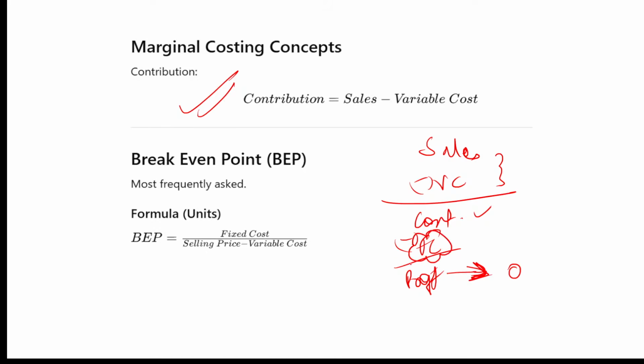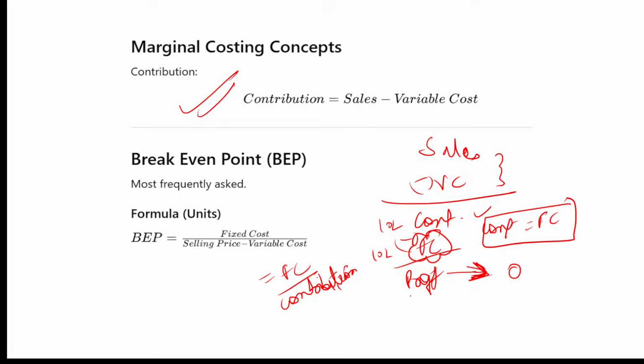It is your fixed cost divided by sales minus variable cost, also known as fixed cost divided by your contribution. So this can be zero only if contribution is equal to fixed cost, right? If contribution is 10 lakhs and fixed cost is also 10 lakhs, then only this level will be zero. So what we are trying to achieve is a point where your contribution is equal to your fixed cost.